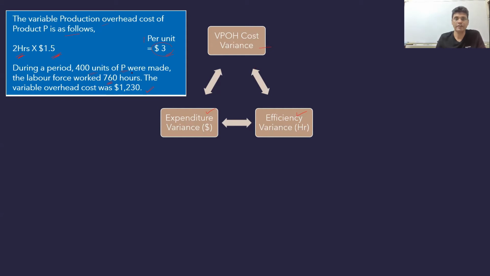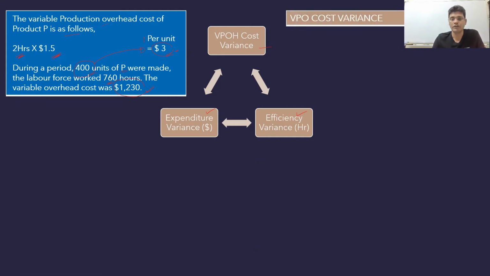Actually incurred 1,230 on 400 units, but you should have incurred $3 per unit, so $3 times 400.